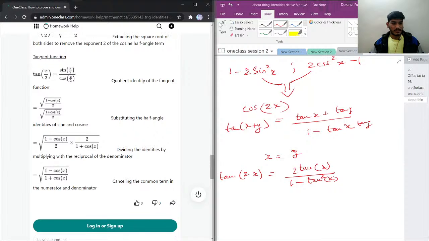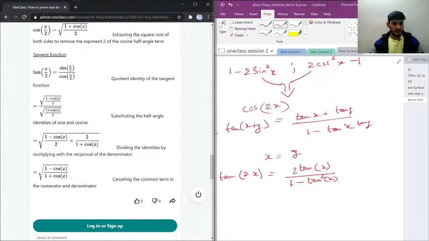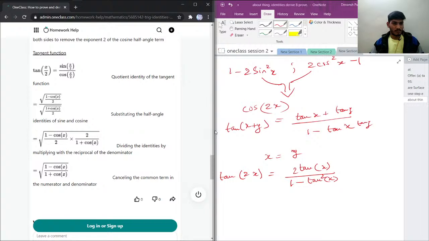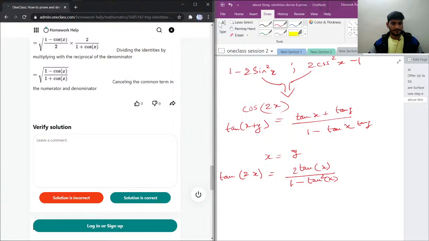So for tangent also we have sine of x over 2 and cosine of x over 2, and so the solution given here is correct. Great job.